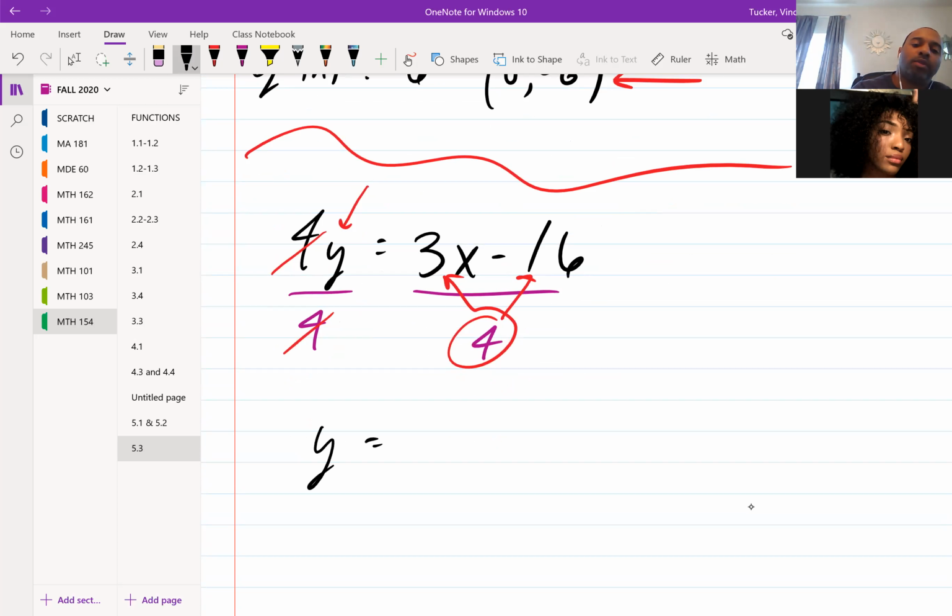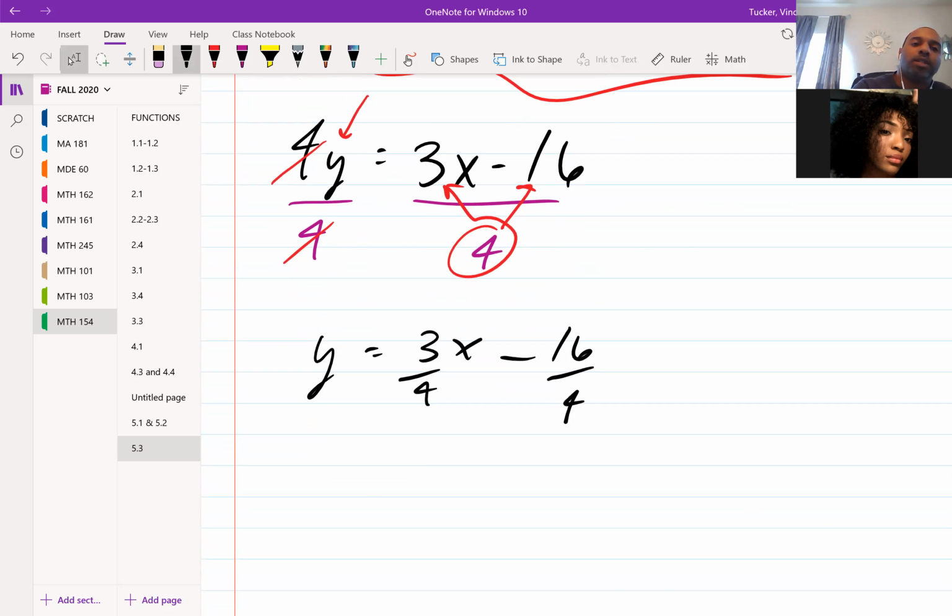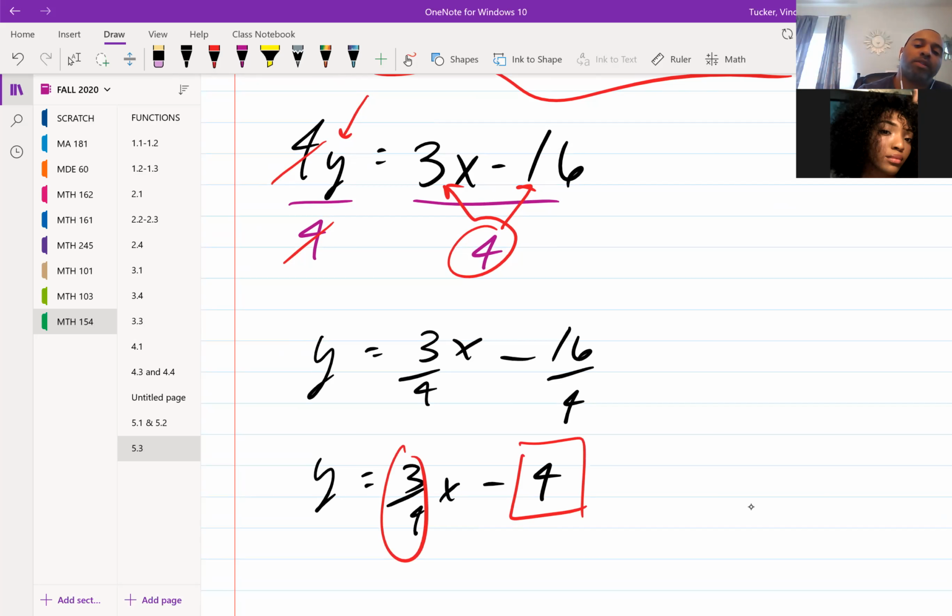So y is equal to 3x over 4 minus 16 over 4. Then we can simplify: 3/4 x minus 4. And from there, my slope is 3/4. My y-intercept is at -4.